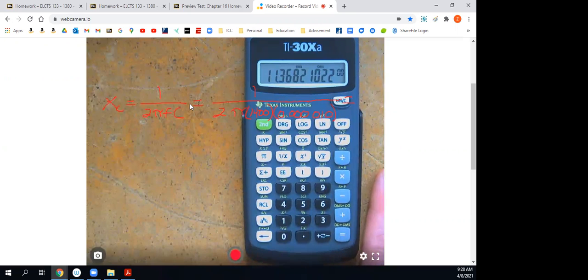And if you're not in scientific notation, so if you're like me, you take this thing out of scientific. Engineering.